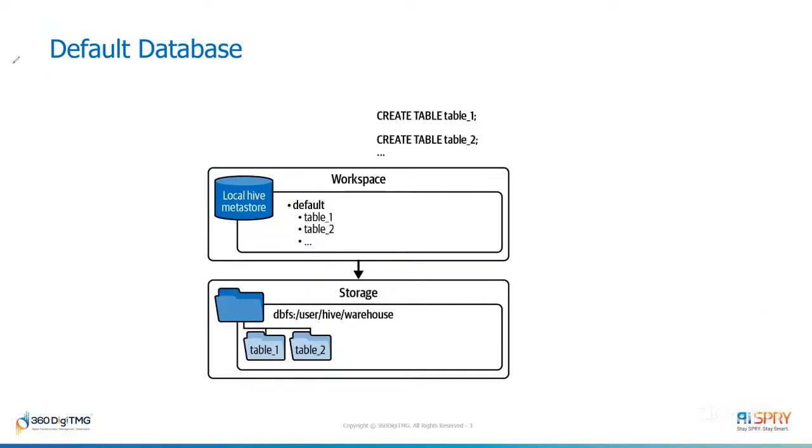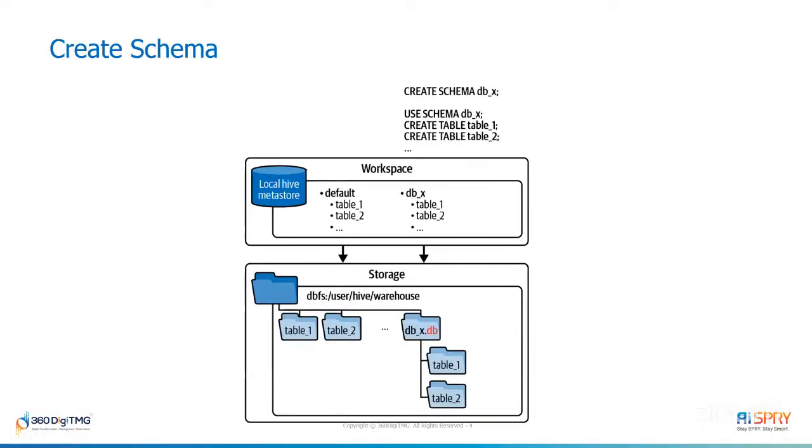Now, for some reason if you don't want to go with the default database, you can create your own schema. Then you can create your own databases and tables within them. If you see on the screen, you don't want to go with this default workspace of the Databricks data catalog. Then you can say create schema.